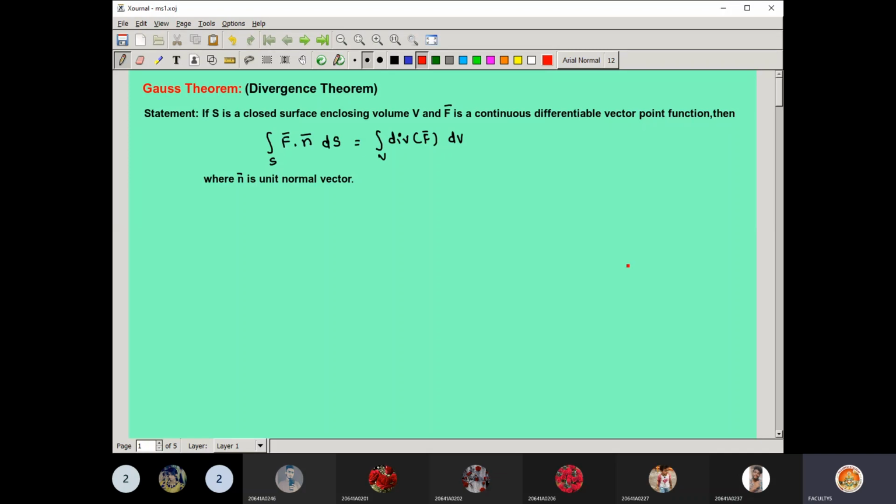But in Gauss theorem, the right side is integral over V of divergence of F bar only. Only one particular term is available on the right hand side. That's why it is also called Gauss divergence theorem. Here you need to calculate the unit normal vector, denoted by n bar. So it is somewhat lengthy, but it is very easy. It is one type of relation between surface integral and volume integral.